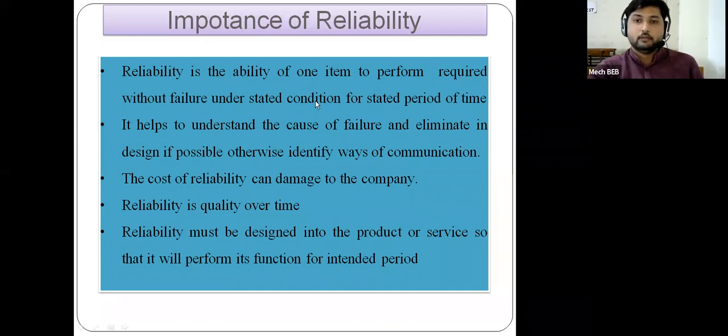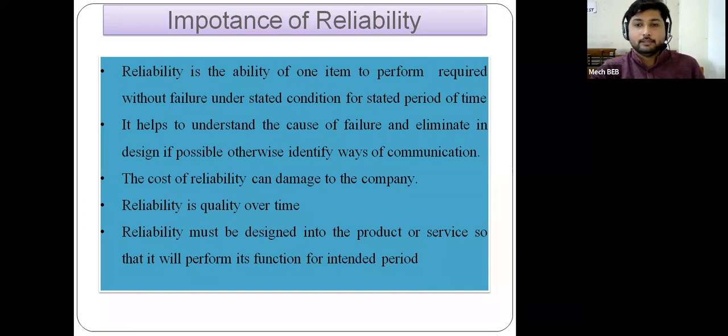Once you study the reliability factor or the failure mode analysis of any particular product, then the companies or the R&D engineers come to know why the products fail, and what different factors lead to the failure of these products.